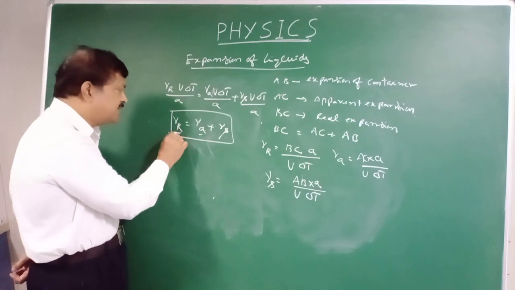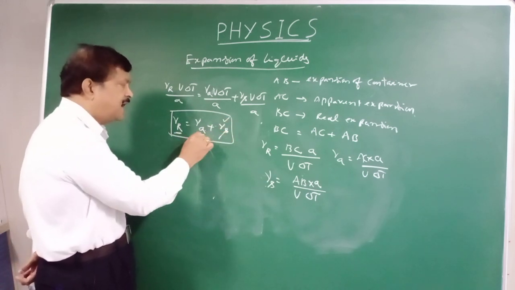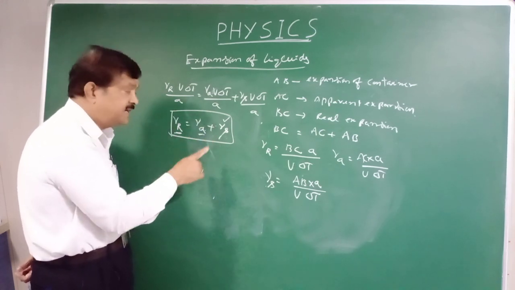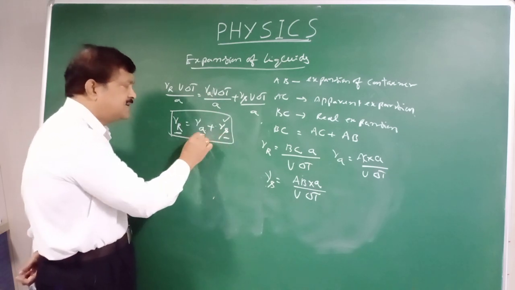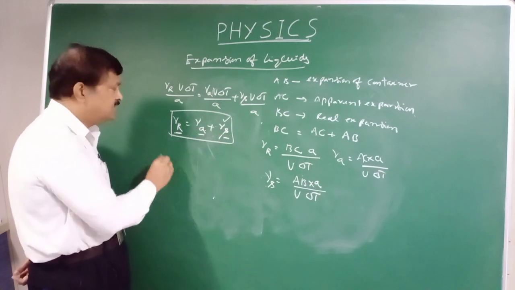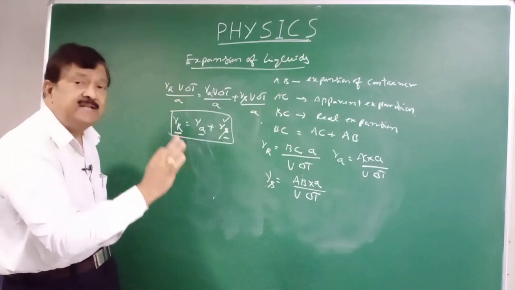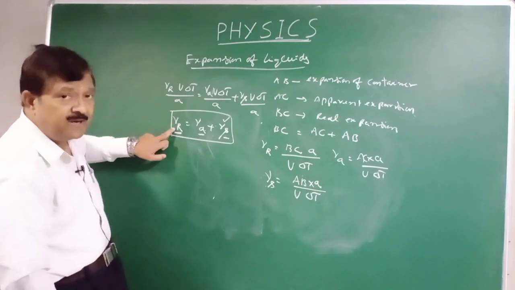Gamma R is a constant for a given liquid, but depending upon the gamma of the container, gamma A will be changing. In different containers, gamma A will have different values. If gamma S changes, gamma A also changes. So gamma R is the property of the liquid which remains constant in all containers, because it is the absolute property of the liquid.